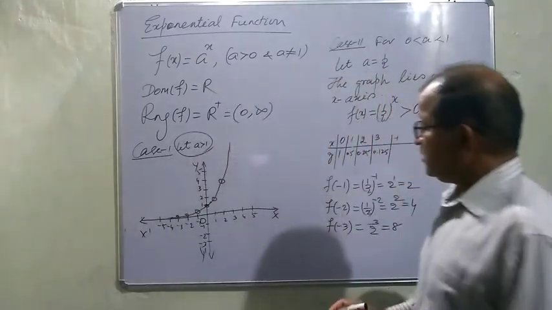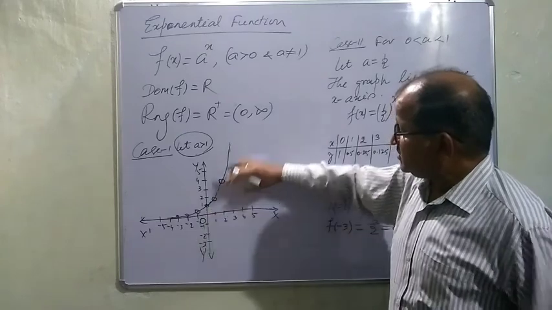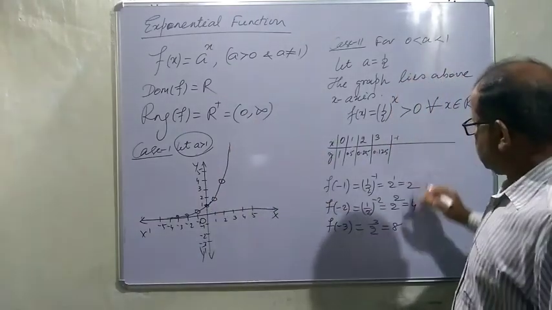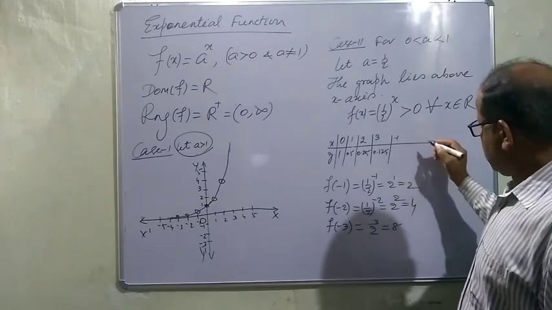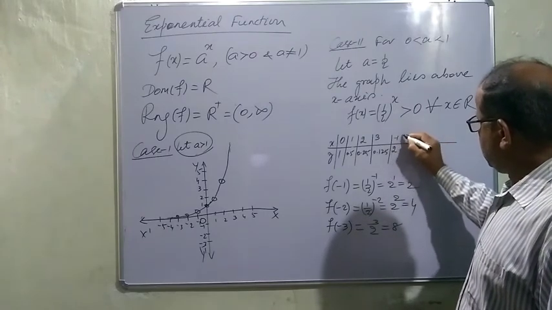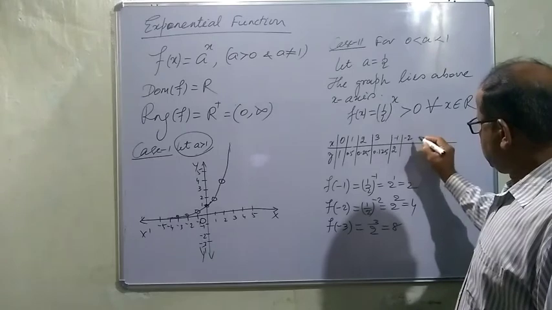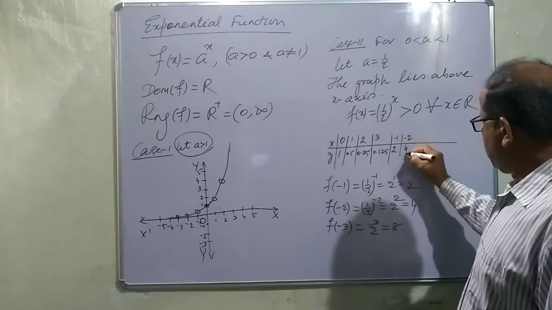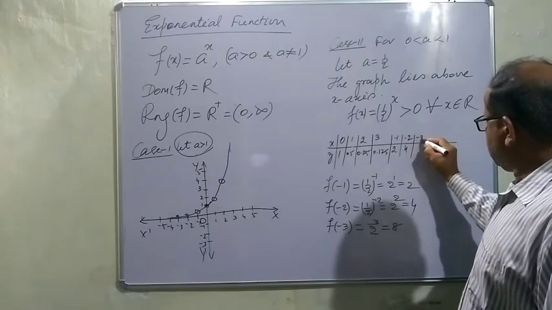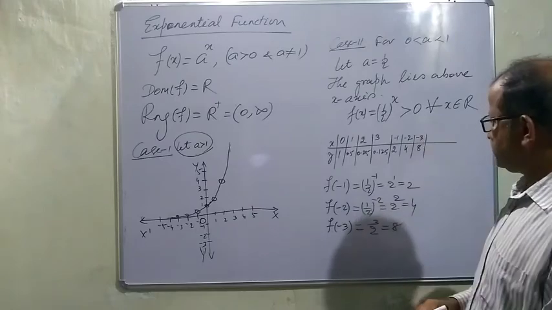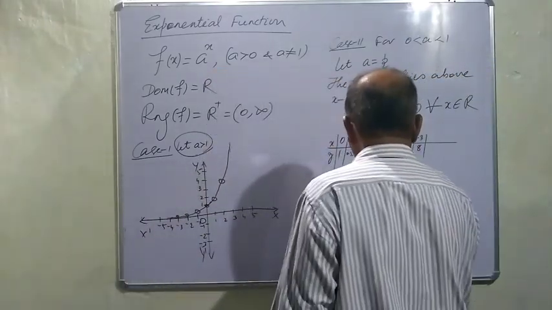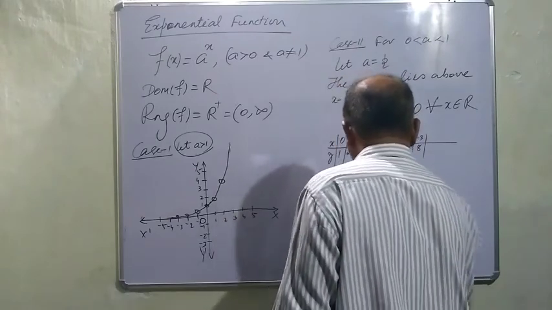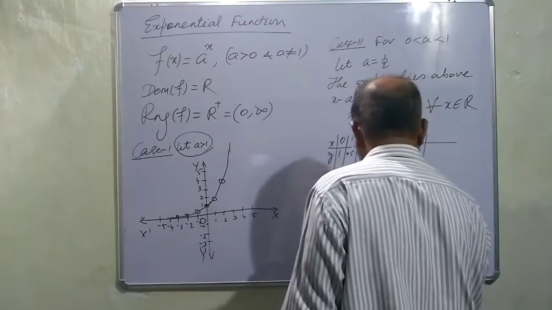You see, the earlier one was increasing to the right, this one is decreasing to the right. So minus 1 it is 2, minus 2 it is 4, minus 3 it is 8. So what will be the curve? This is your y-axis, this is the x-axis.